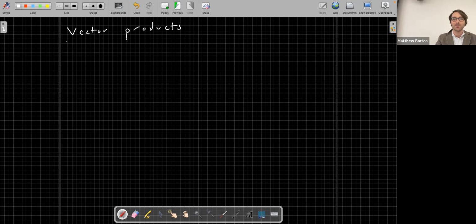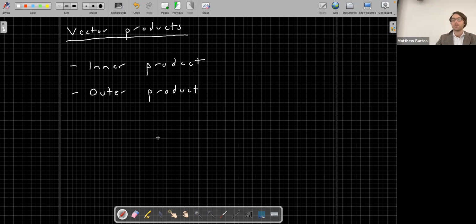Let's take a look at vector products. There are two that I want to talk about in this class. The first is the inner product, and the second is the outer product. For the following definitions, we're going to let x be a vector in R^n, and y be a vector in R^n as well.